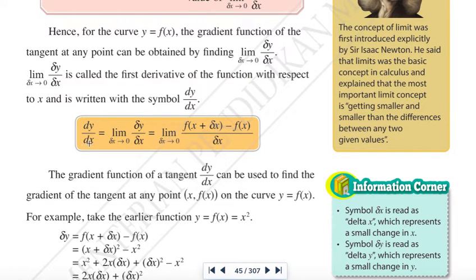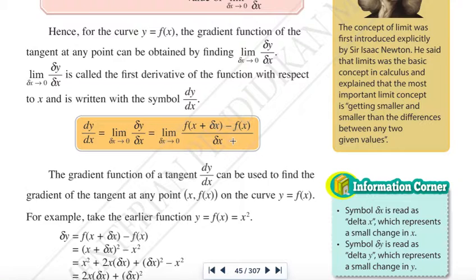dy/dx is equal to limit delta x approaching 0 of delta y over delta x, where delta y over delta x actually is f(x plus delta x) minus f(x) over delta x.